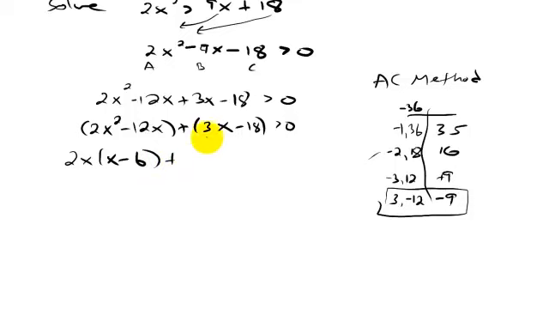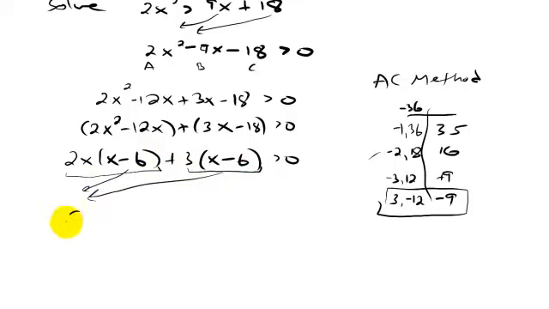And in the second group, we can pull out a 3, leaving x minus 6. Now, between these two groups, what do they have in common? Well, they both have the x minus 6. So we're going to pull the x minus 6 out front. What's left over when you pull out the x minus 6 is 2x plus 3.